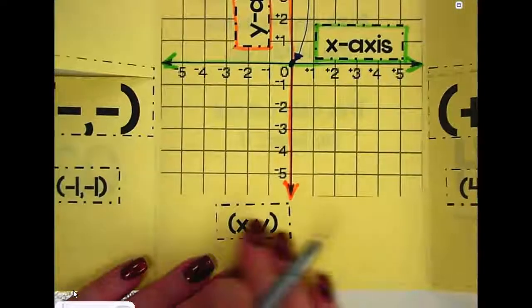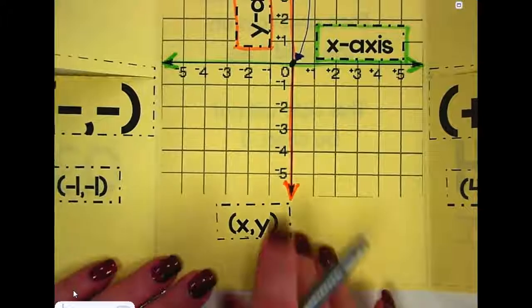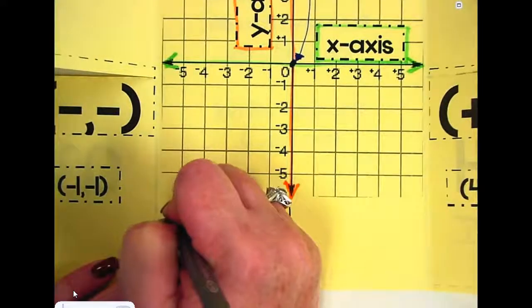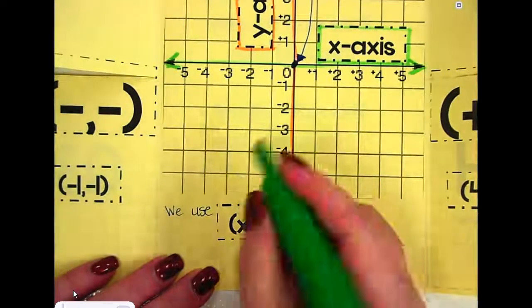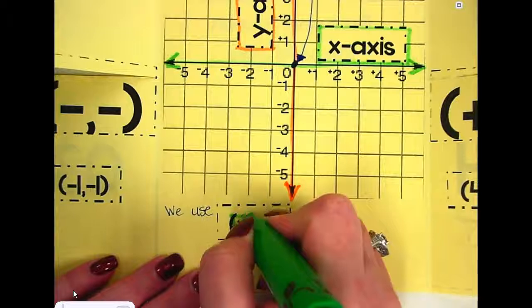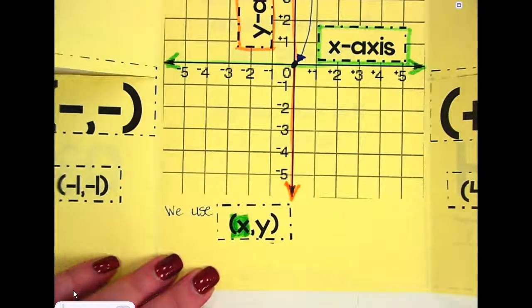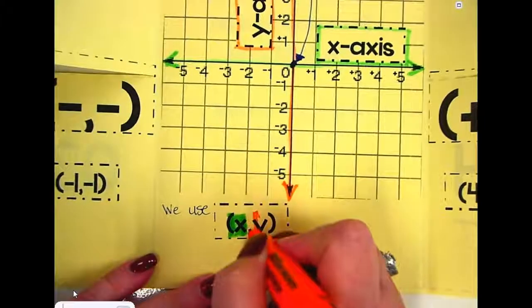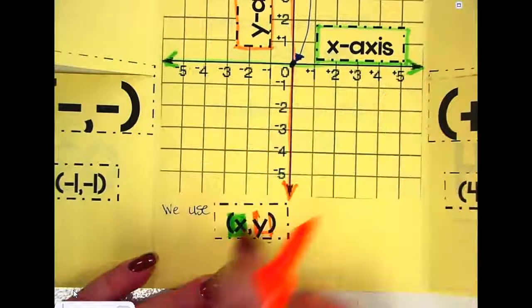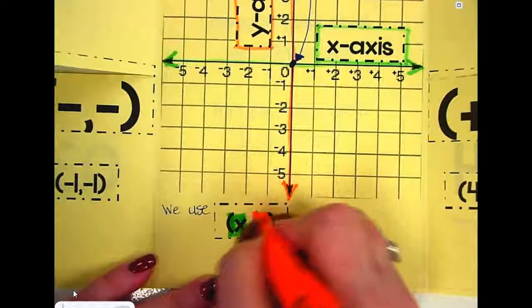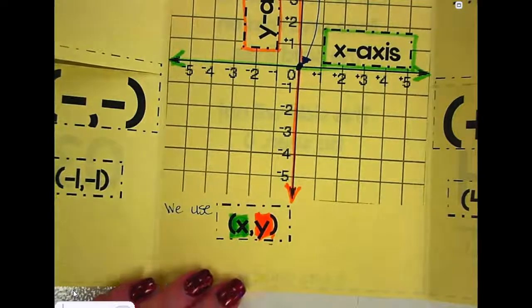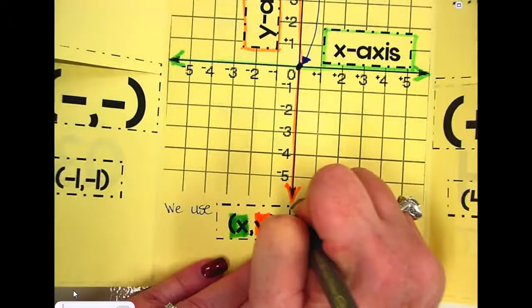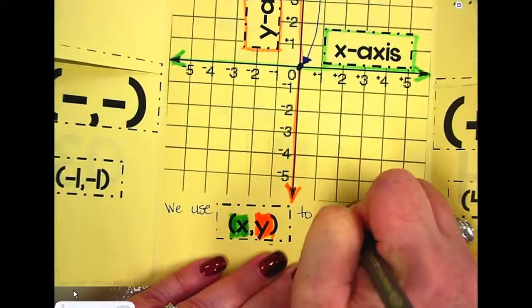All right, so we're going to write a little note here. We use the x and the y, and the x was our green one. And the y, have it match your colors. Whatever you colored the x-axis up here, color it down here. We use the x and the y to name locations.